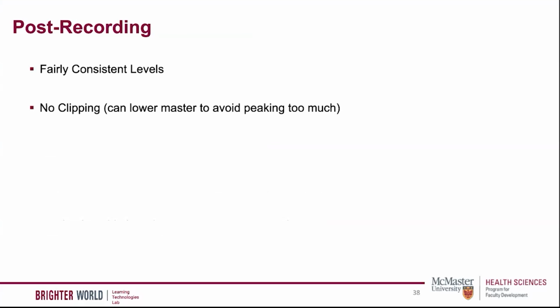So things you want to look for when you're done recording is that you've kept fairly consistent levels, and you'll be able to see that on a zoomed out expanse of your sound waves. And if you have sections that are extremely quiet, maybe you're interviewing somebody and you have two different sections of speaking, and the person recording on the other side of the microphone, or the other side of the world for that matter, isn't giving you the levels that you want, you can optimize that in post-production by creating a slice between these sections and raising the amplitude.